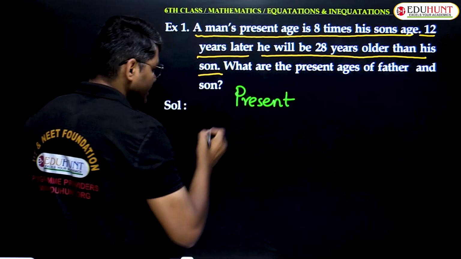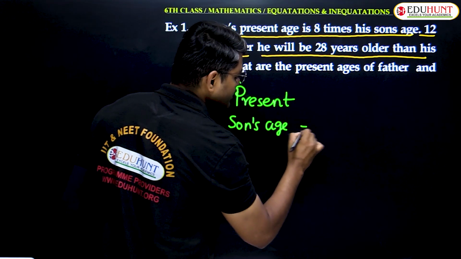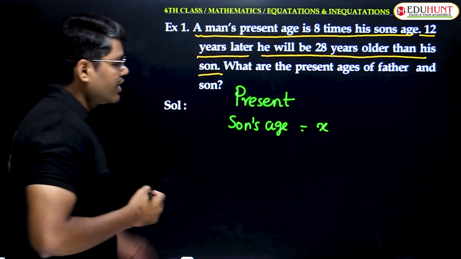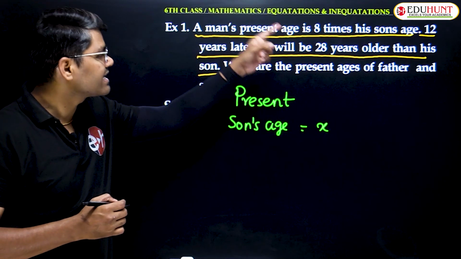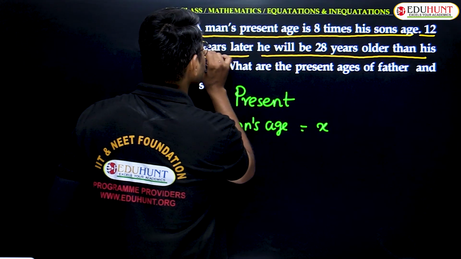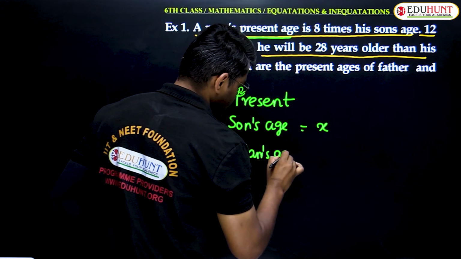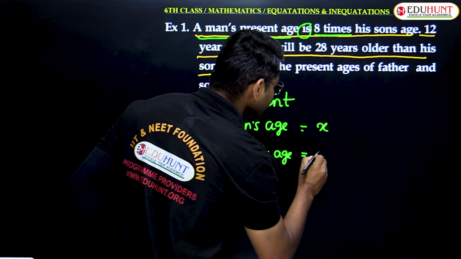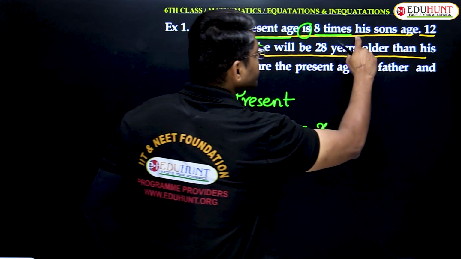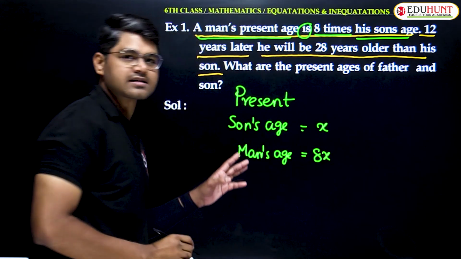Present son's age equal to x years. Now, what is the man's or father's age? The man's present age is, is means equal to, 8 times means 8 into his son's age. What is son's age? x. So 8x. Did you understand this point?